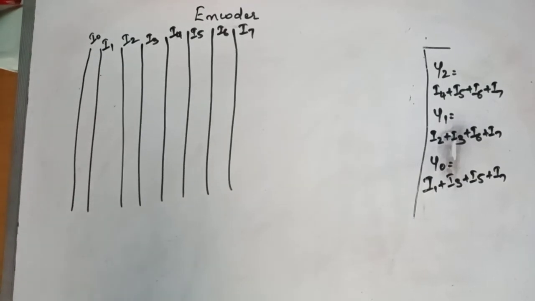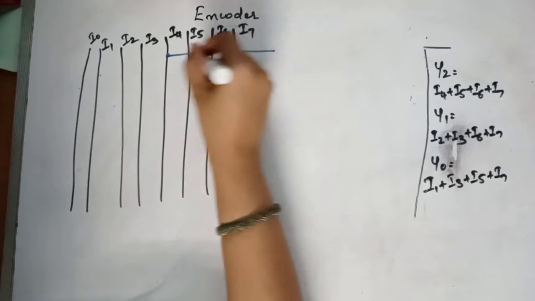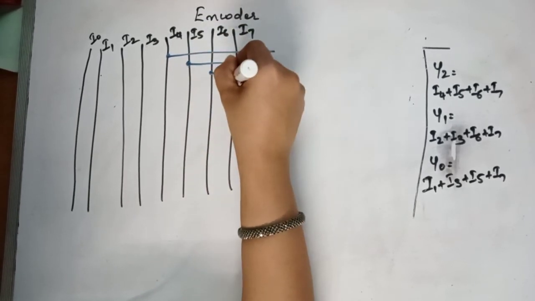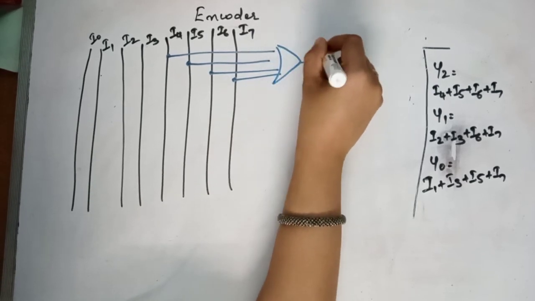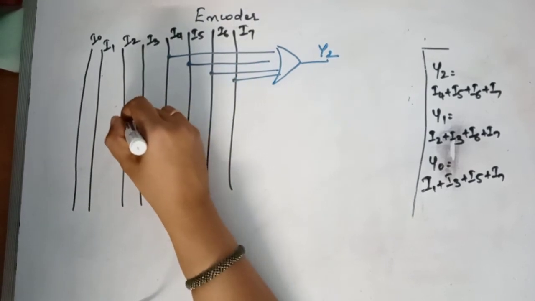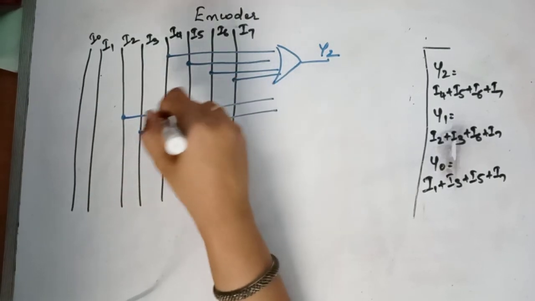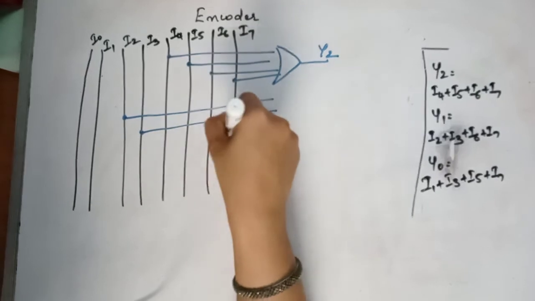So Y2 is 1 when I4, I5, I6, I7, either of them is equal to 1. If any of these are equal to 1, my Y2 is 1. Y1 is 1 when I2, I3, I6, I7.